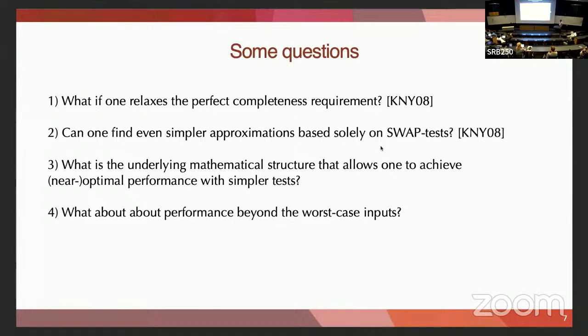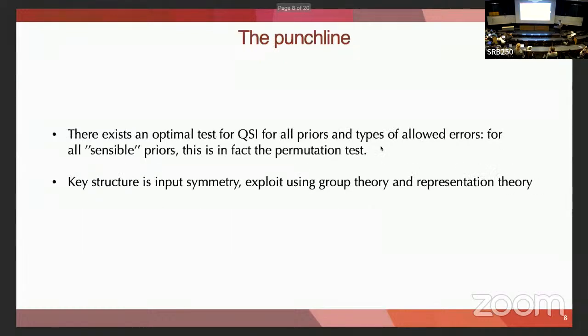And finally, what can we say about the performance of the test beyond worst case inputs, meaning that if you assume some additional assumptions on the input, maybe we know some, as I showed earlier, we have this decomposition mu. If we know mu, can we actually say something about this average success probability of our tests? Okay, so these are the questions which motivated our work.